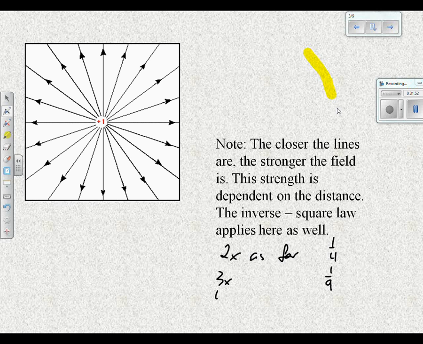If you're 4 times as far, you're 1/16 the strength. What if you're 2.5 times as far? How are you going to do that? 1 over 2.5 squared, whatever that is. Okay? That's what the inverse square law refers to.